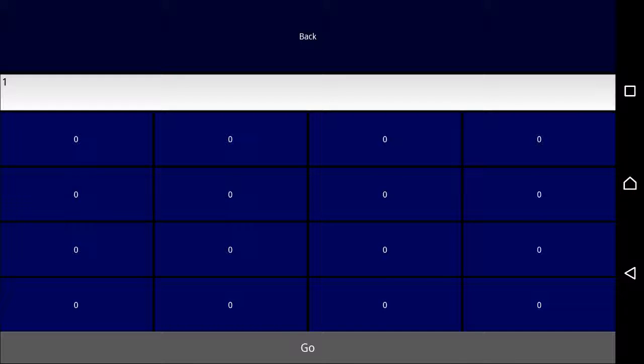Now let's go to step by step. Here you see the algorithm that was used in order to get there. Let's wait a little.